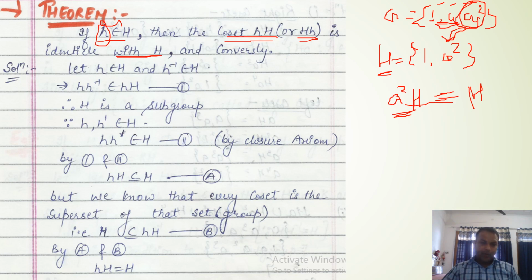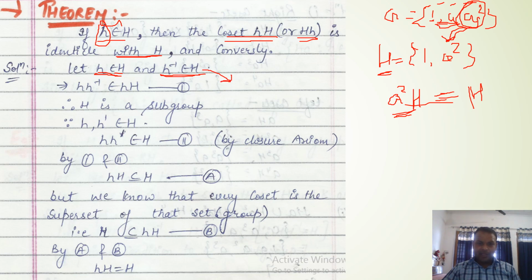To prove this theorem, we have initially assumed that h belongs to H. It means we are taking any element from subgroup H. As H is a subgroup, it will satisfy all four properties of a group. It means it will also have the inverse axiom. So if h belongs to H, then h inverse will also belong to H. Now we are applying the coset property.